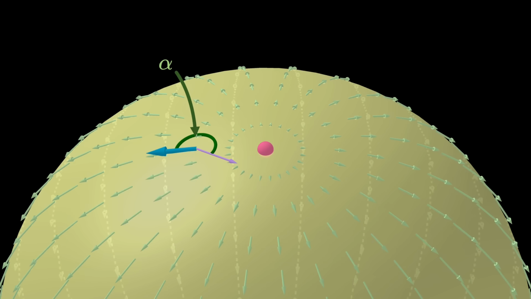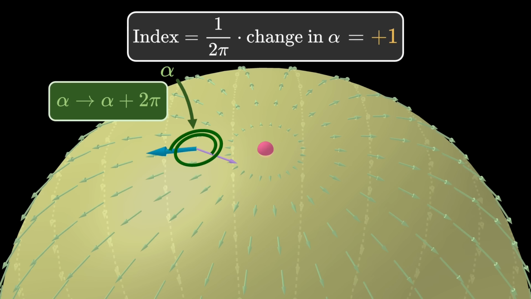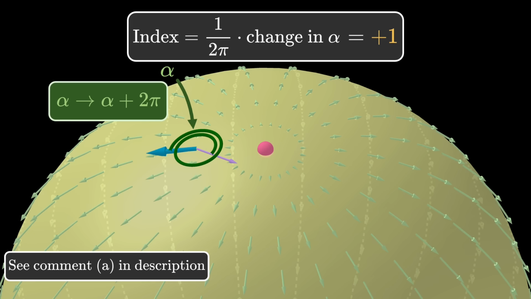Then we can go around the zero and look at the change in this angle like before. In this case, this angle has increased by 2 pi, which means that the index, still defined as the change in the angle alpha divided by 2 pi, is plus 1 as expected for a source.